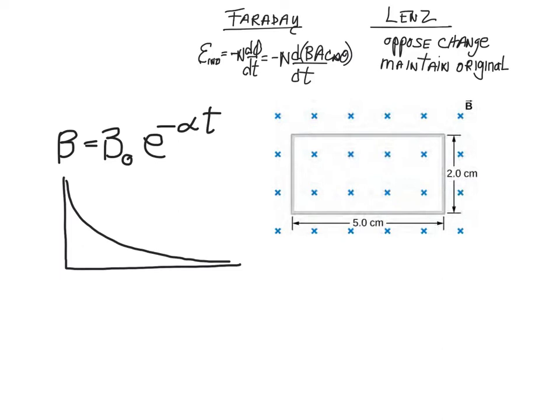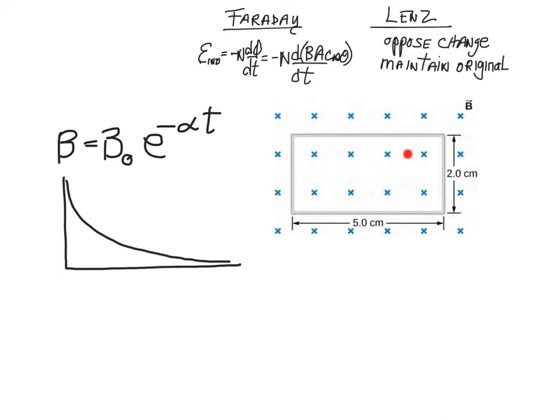And so as the field is decaying, the flux is going away. So we have field into the page. So we're losing x's, right? We're losing flux. And so the current has to be in what direction? We've got to prevent the decrease.